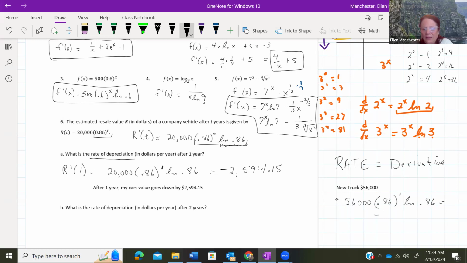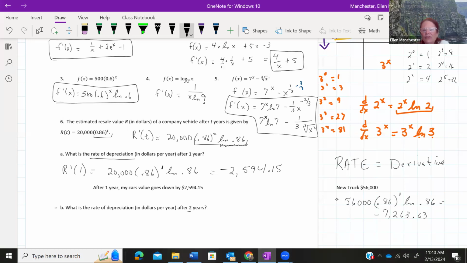And it is negative $7,263.63. So that's how much it depreciates after 1 year. Okay, that's a pretty high number, right? $7,000. If I told you you're going to lose $7,000 in 1 day, you probably would hesitate a little bit before you do anything.